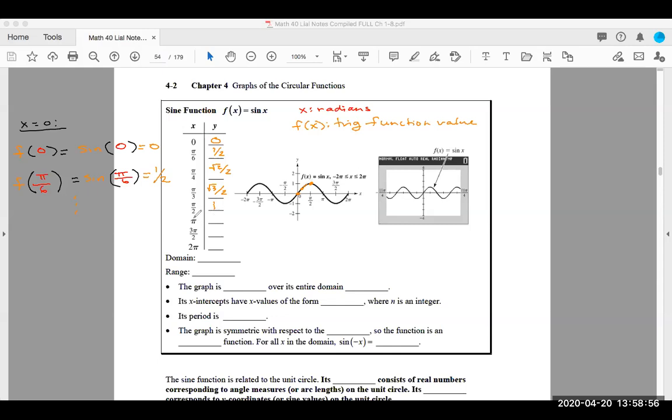Now, sine of pi is 0. Sine of 3 pi over 2 is -1. And sine of 2 pi is 0. Okay. Now, essentially, we're going to be using 5 points when we graph. The 5 points that we would be concerned with in this particular graphing would be the zeros.